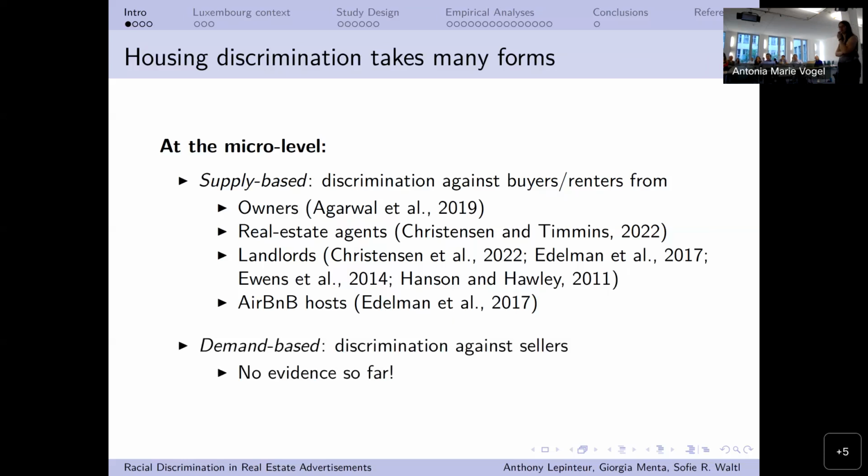But what we figured out is that there can also be demand-based discrimination affecting sellers. You may think that's weird, but I will show you exactly what we mean by that. So far, we have not found any evidence whether this is actually the case, and we try to fill maybe this one specific gap.